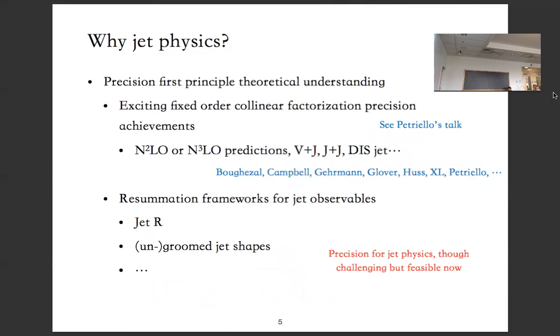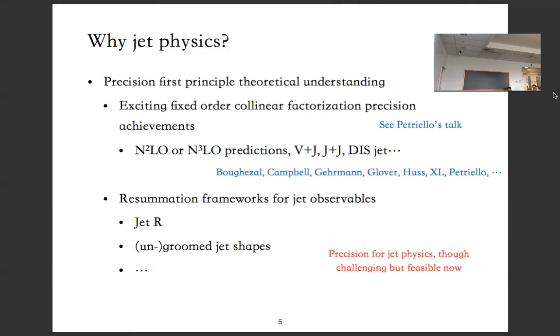On the theory side, actually we have first-principle precision theoretical understanding. It's not like we cannot understand the jets. For instance, in recent years, we have exciting fixed-order predictions in the framework of collinear factorization for all those jet processes, like a vector boson plus one jet, that is photon, Z or W plus one jet, dijet production, inclusive jet production, or jet production in DIS.